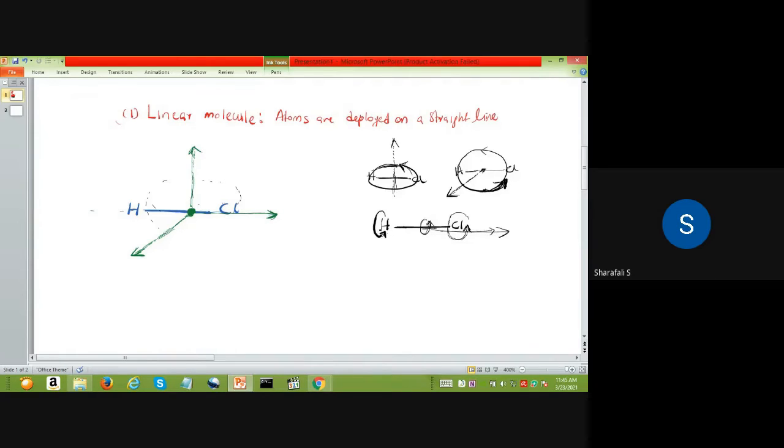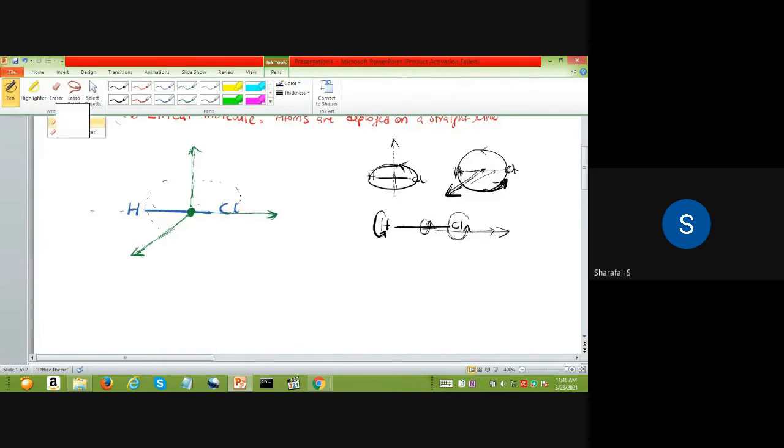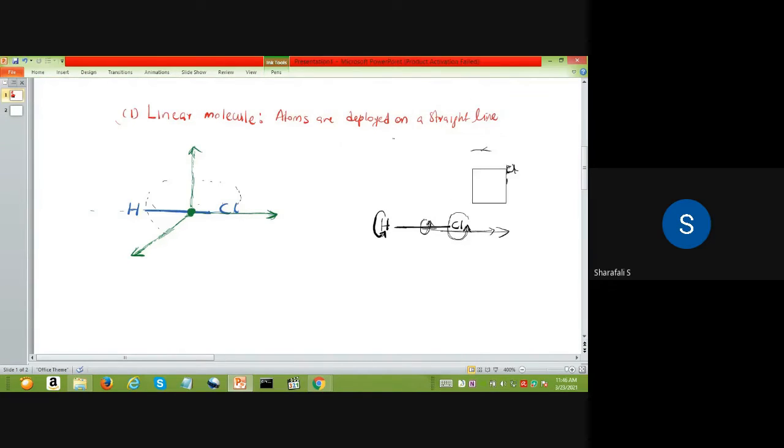Then for these two axes, if you consider hydrogen and chlorine, their center of mass will be somewhere here. So don't be confused by this diagram, because I have drawn the axis at the center, but actually it will come from here. If you consider those two rotations, you can easily understand that both of them have the same value.